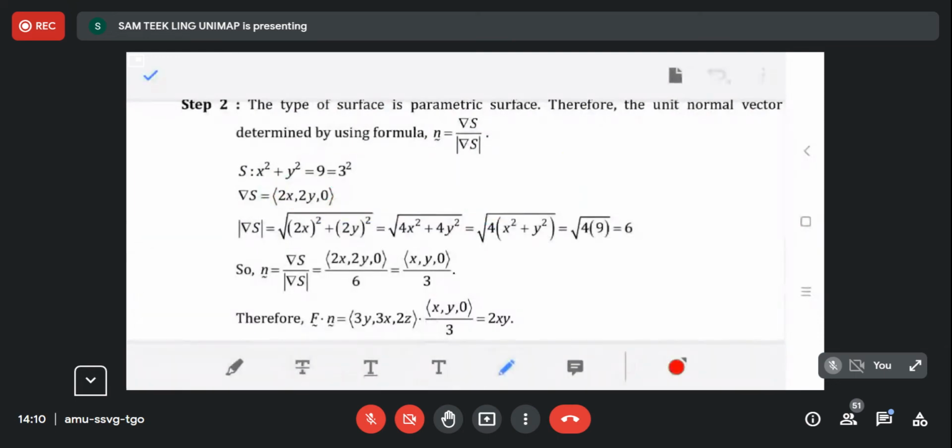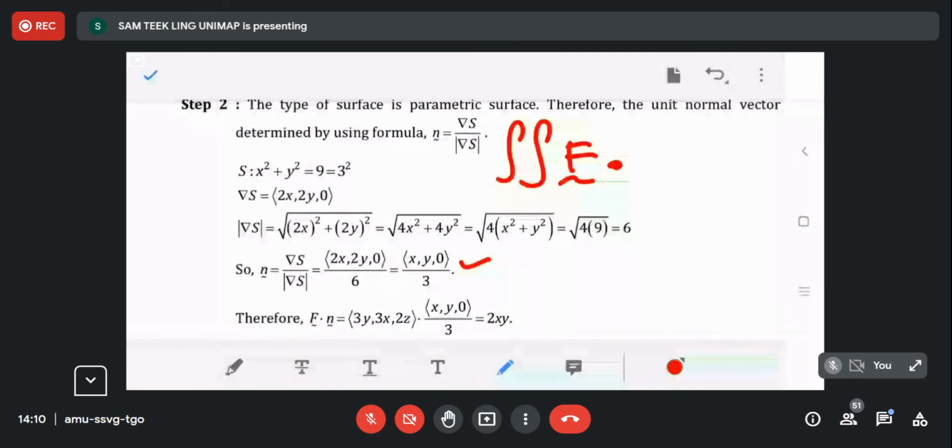So we finish until n only. You still remember our formula is double integral f dot n dS. So we solve first step, we solve our n. First step we solved already. So we got our n.